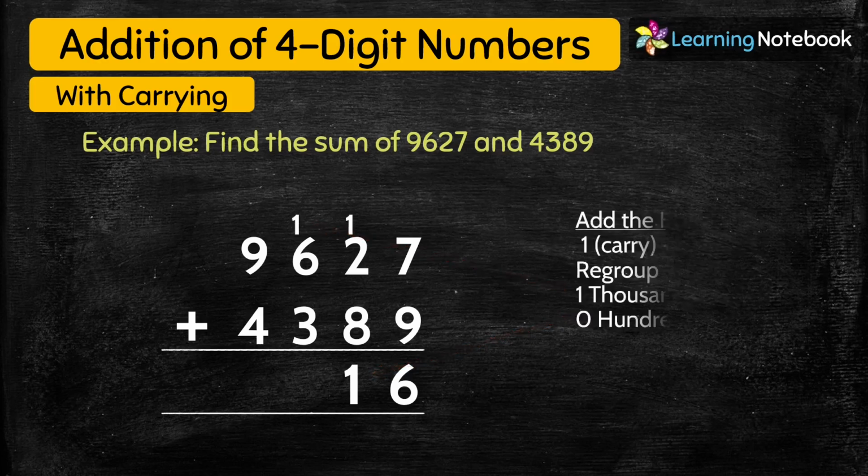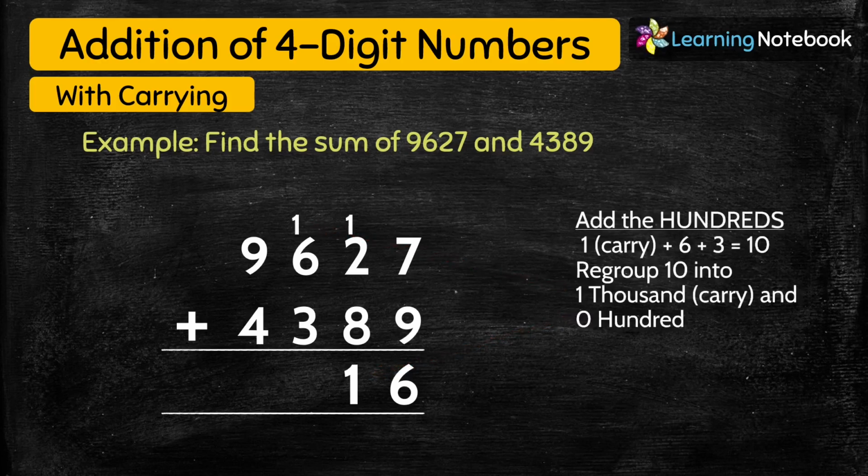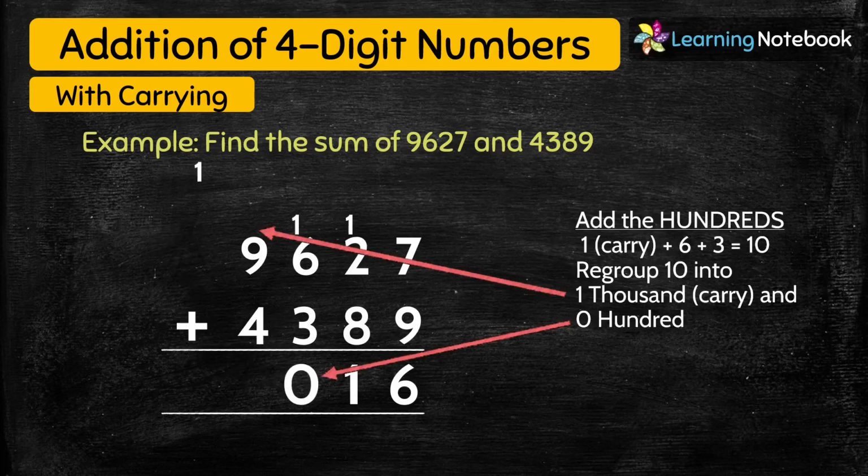Now let's add the digits at hundreds place. 1 carry plus 6 plus 3 equals 10. Since it's a 2-digit number, we will carry 1 to the thousands place and 0 comes in the answer.